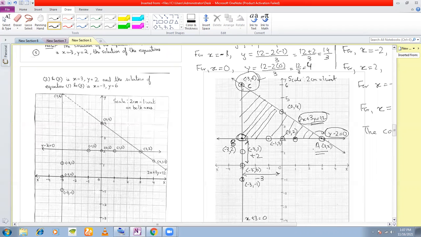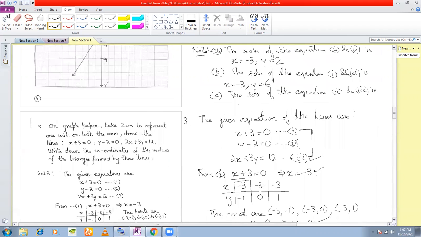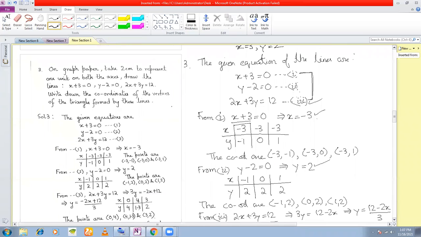What is the point of intersection? This one. So 3, 2. So what should be the solution? X is equal to 3, y is equal to 2. All agree with this? Yes, sir. Fine. Now there is one more interesting thing which I would like you to note. Let me erase this, then I will show you.